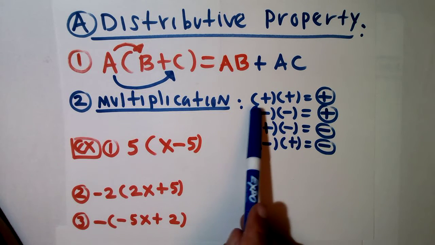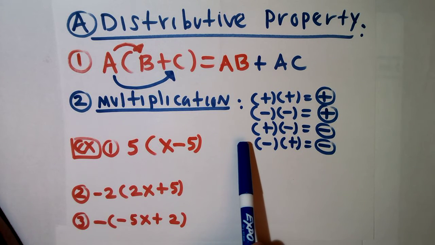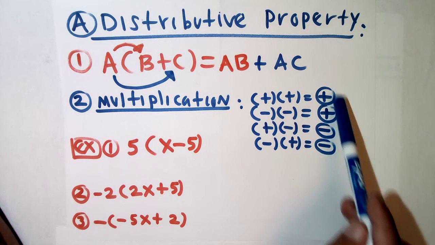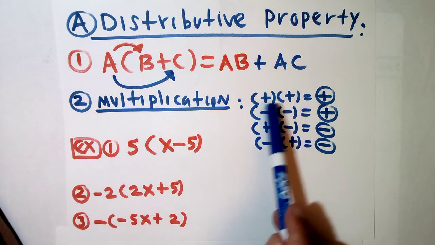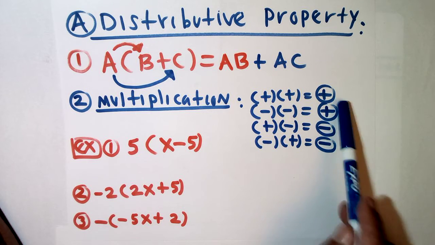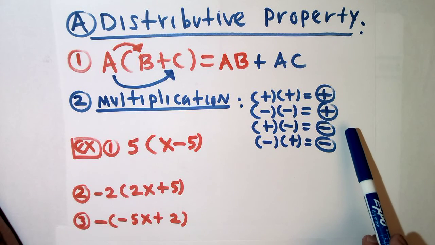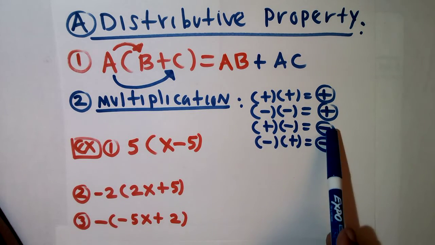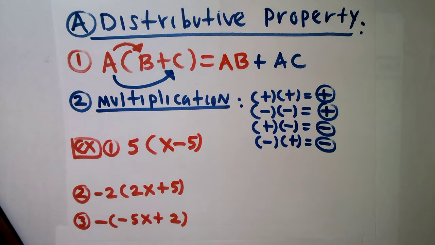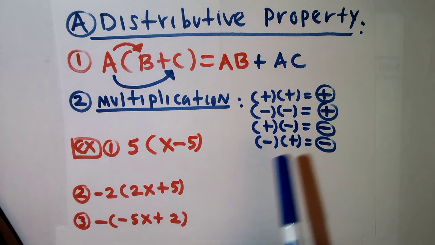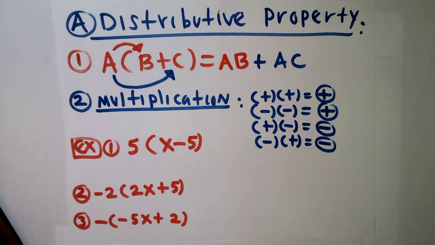The best way to remember this is that the only way to get a positive is if both signs are the same. If both signs are the same, you always end up getting positive. But what happens if both signs are different? Then you end up getting a negative sign. So keep that in mind anytime you are distributing.